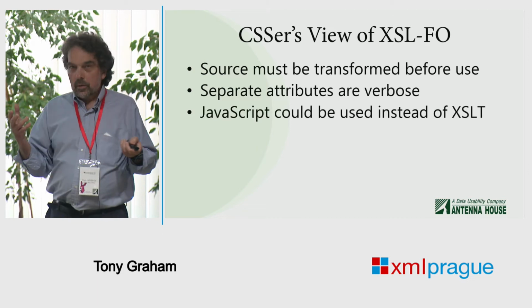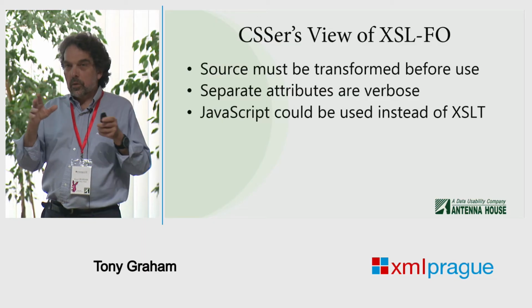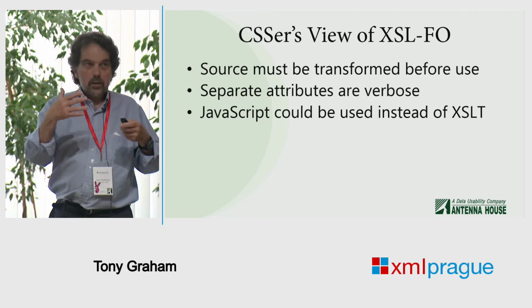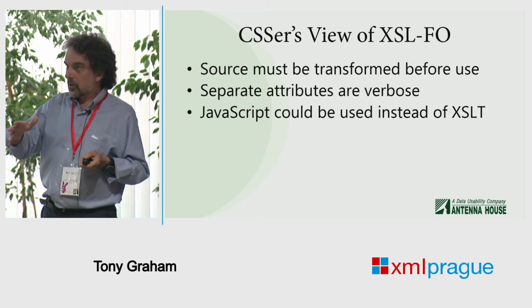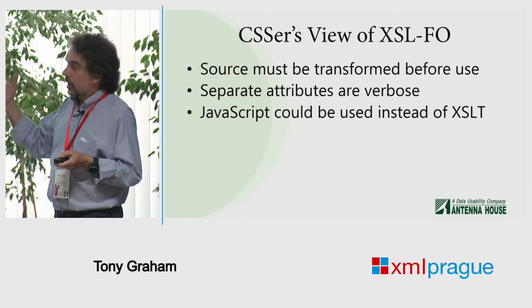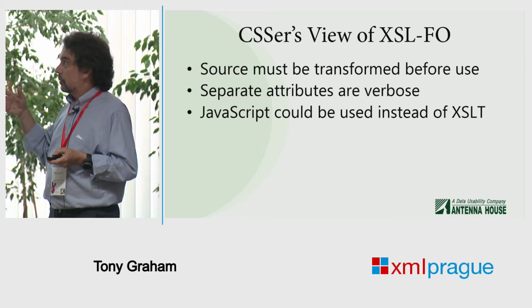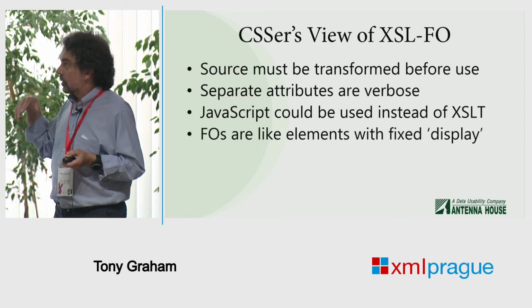You could use JavaScript instead of XSLT to do the transformation part if you do the transformation. Well, that's very true, but I haven't seen a standard JavaScript architecture for doing transformation the way that we just naturally use XSLT to turn markup into markup, in this case into XSL-FO markup, if you're using XSL-FO.